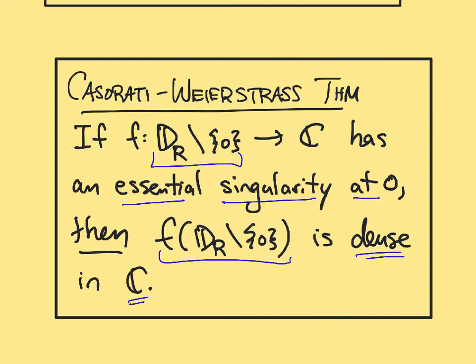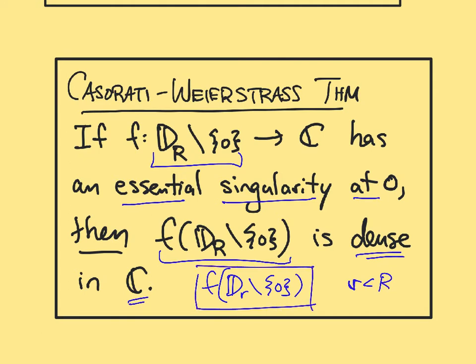And you could keep applying this for smaller and smaller radii. So for every little r less than big R, this image would still be dense in C.